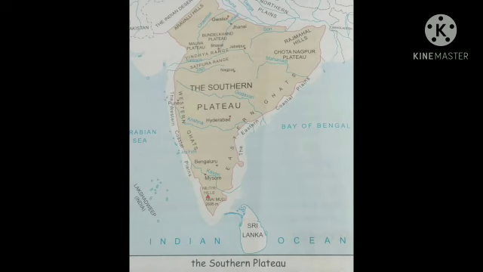The states which lie in this region are Gujarat, Maharashtra, Madhya Pradesh, Chhattisgarh, Andhra Pradesh, Telangana, Karnataka, Tamil Nadu, and the eastern part of Kerala and Odisha. Okay?